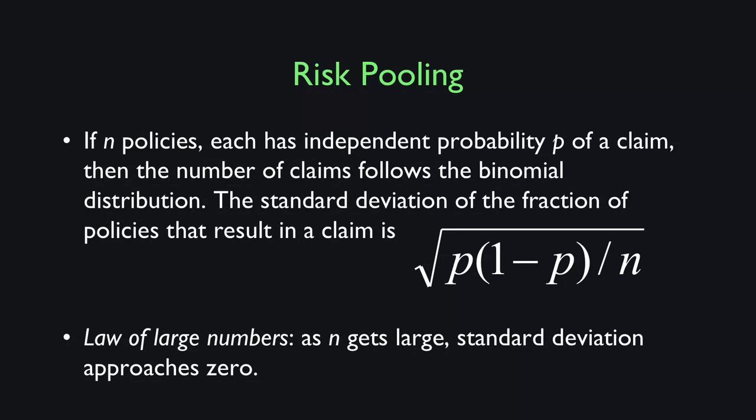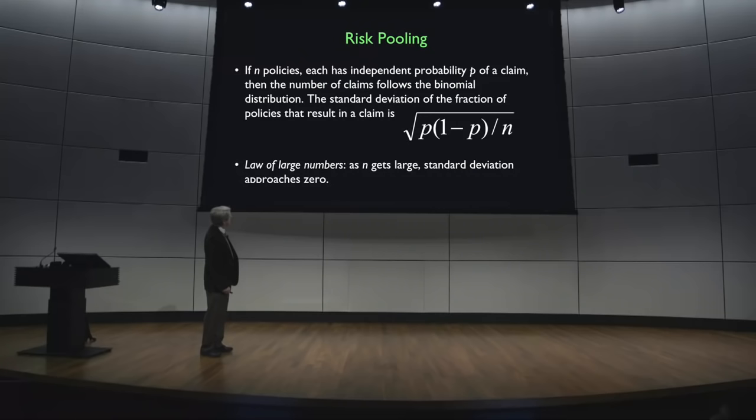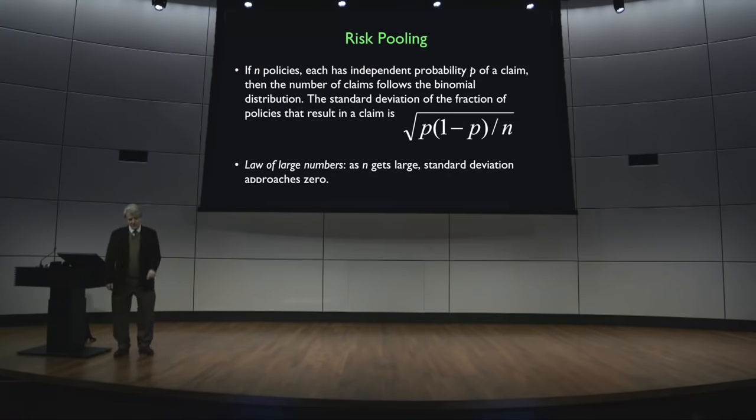And you can see that as n gets large, the standard deviation approaches 0. So the fraction of policies that result in death becomes practically a known number. That's the key idea of insurance.